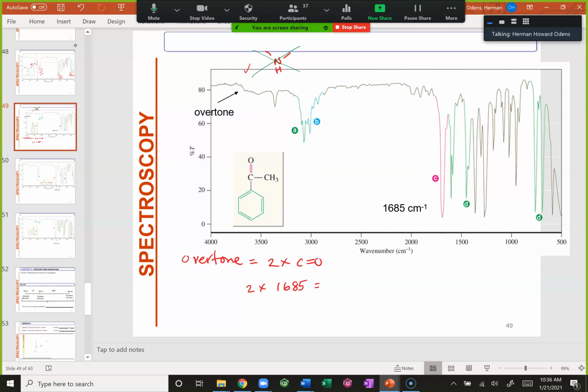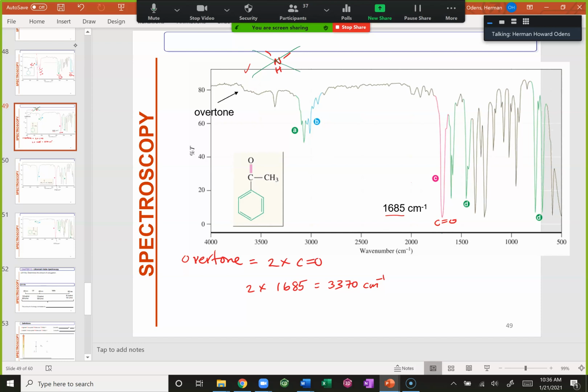Let me check that with my calculator real quick. So I have 3370 reciprocal centimeters. All right. So I'm gonna assign this as the carbonyl because notice that this number is kind of low for a ketone.